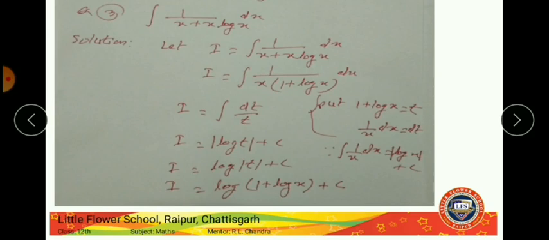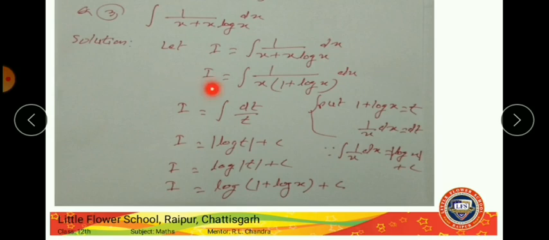Now refer to question number 3. Integration of 1 upon x plus x log x. Let I be equal to the integral of 1 upon x plus x log x.